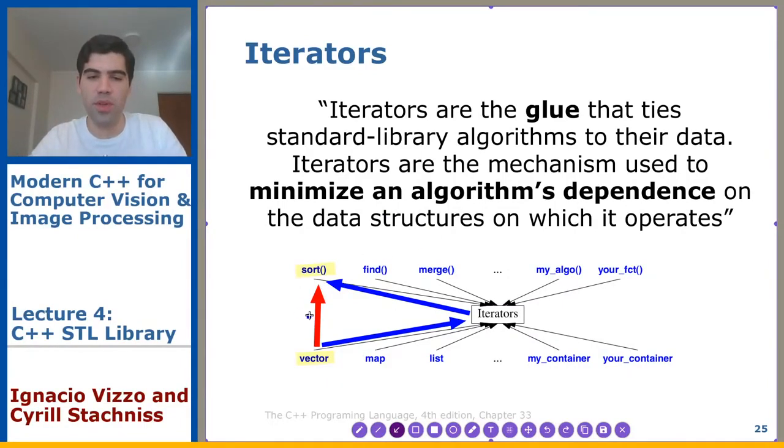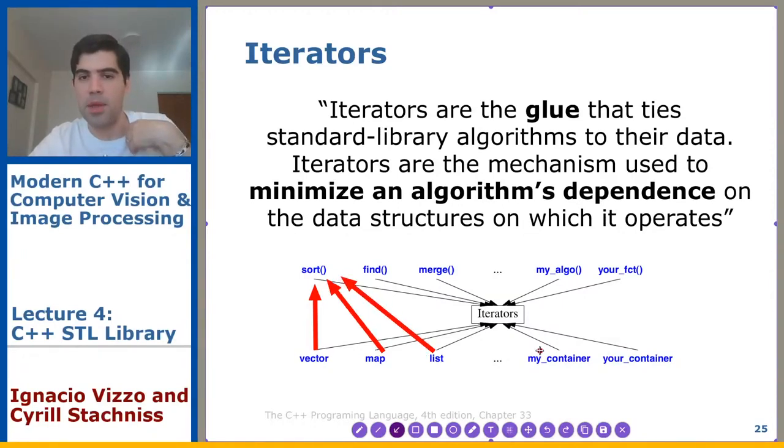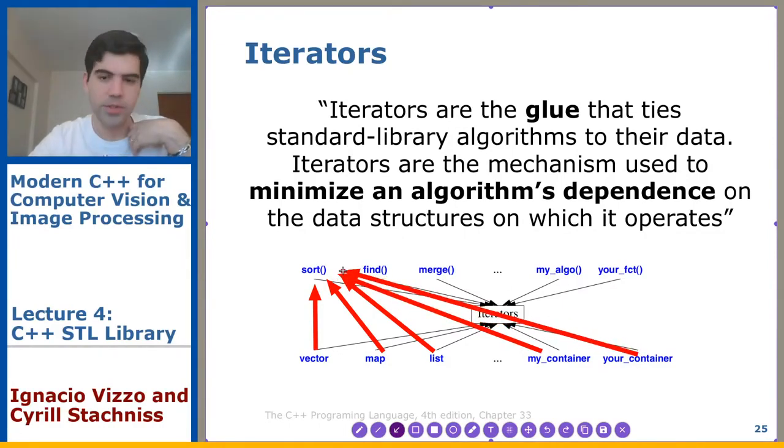If we don't do this, then we need to provide a sort implementation for vector, and so let's do it with arrows. If we don't use iterators, we need to write a sort implementation for vector, one for map, one for list. Let's pretend that I have my own container, one for this guy. We are using Open3D containers, one for this guy.